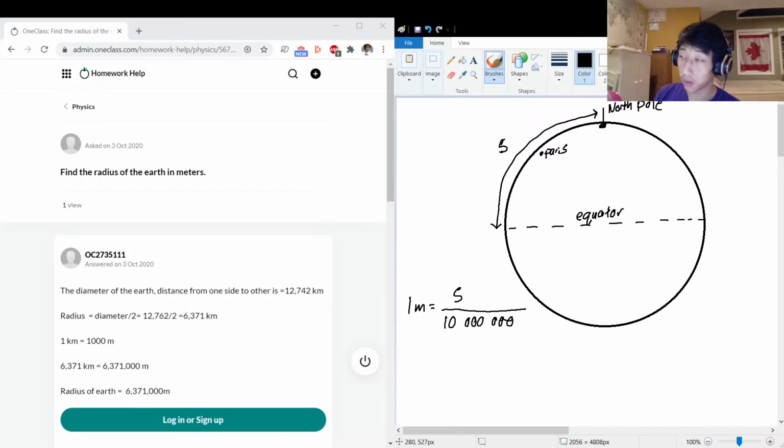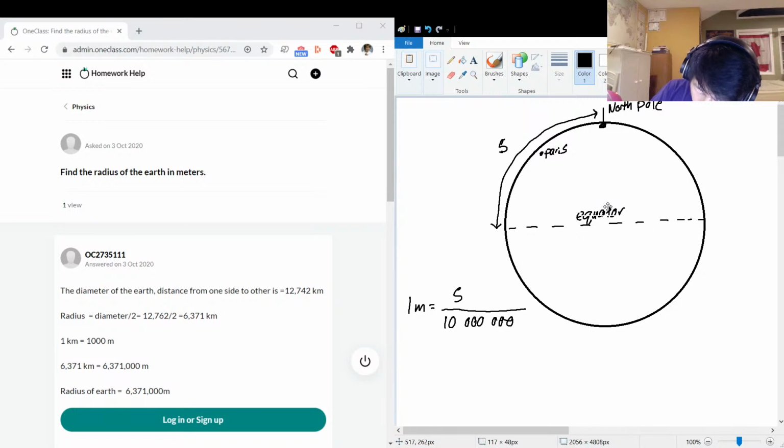Okay, so let's actually think about this for a second. The distance between the equator and the North Pole is pretty much a quarter of a circle. So a quarter of a circle, I'm just going to move this word equator.